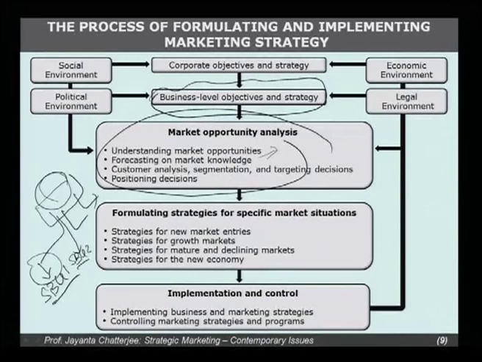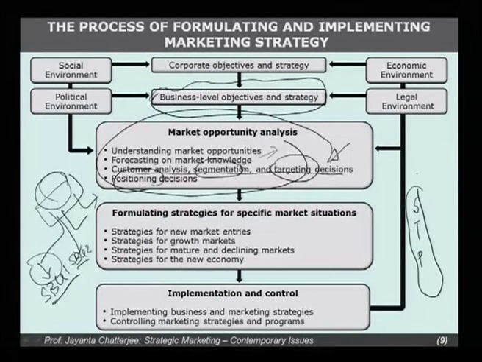From that we have to develop the customer analysis, segmentation and targeting. This is a topic that we will discuss in far greater depth in the coming few sessions. This whole issue of what we call STP, that is segmentation, targeting and positioning, is a key part of our marketing strategy.